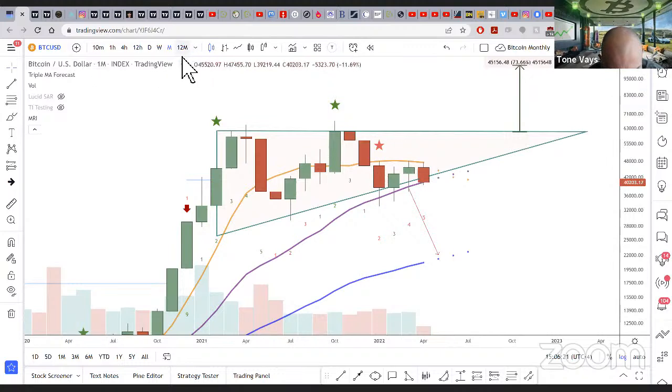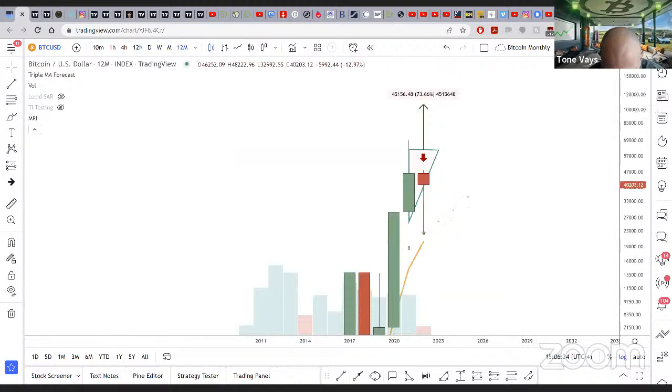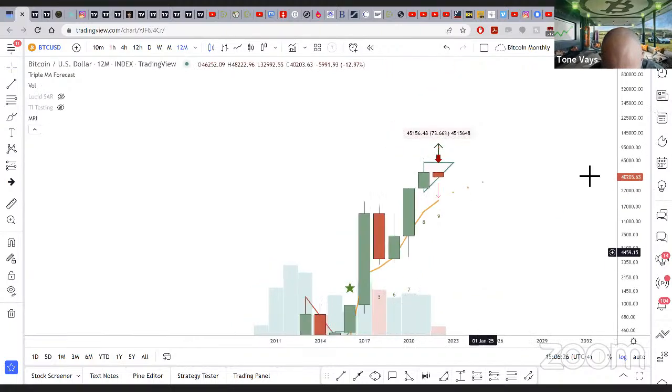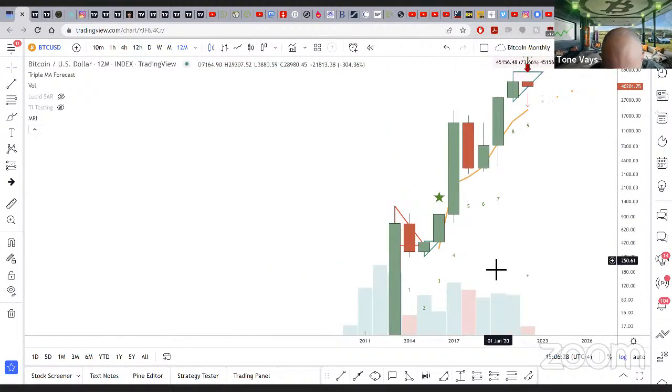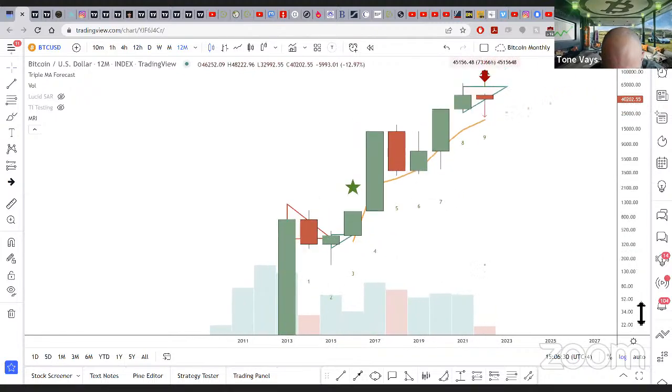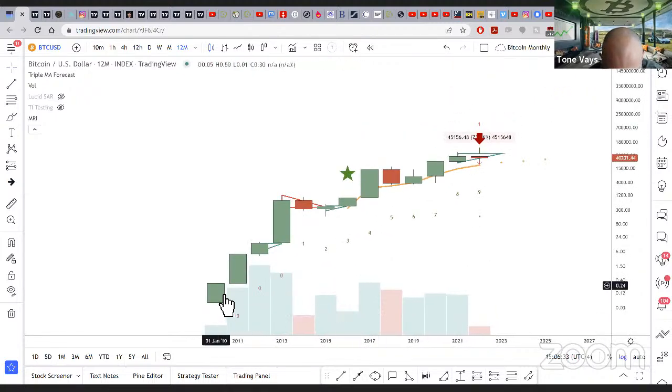Now, a lot of people have been asking me about the annual chart. If I put on the 12-month chart, as you can see, we are currently sitting on an MRI top. The price of Bitcoin began in January 2010. Bitcoin existed in 2009, but it didn't have any price.